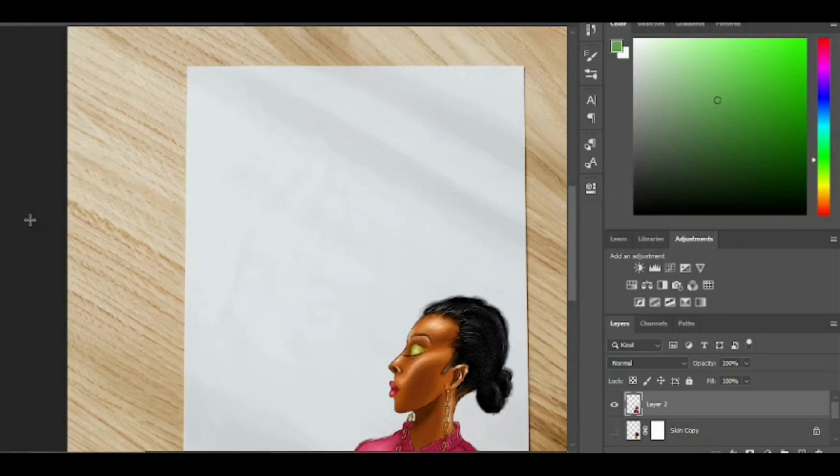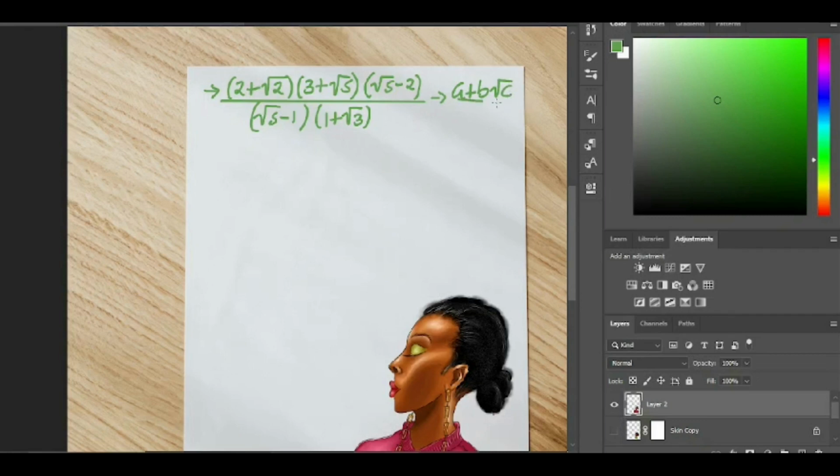The question reads: in brackets 2 plus root 2, multiplied by 3 plus root 5, multiplied by root 5 minus 2, and then we put everything over root 5 minus 1 multiplied by 1 plus root 3, and they want us to express our answer in the form a plus b root c over d, where a, b, c and d are integers.